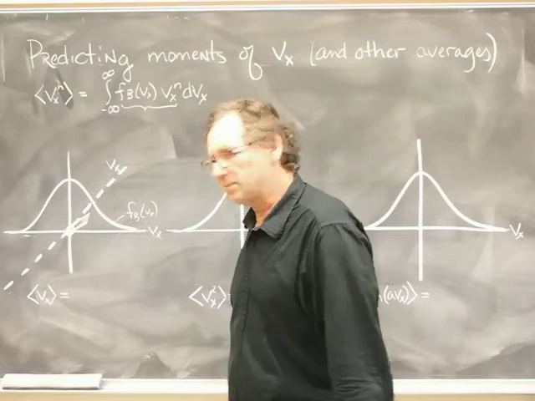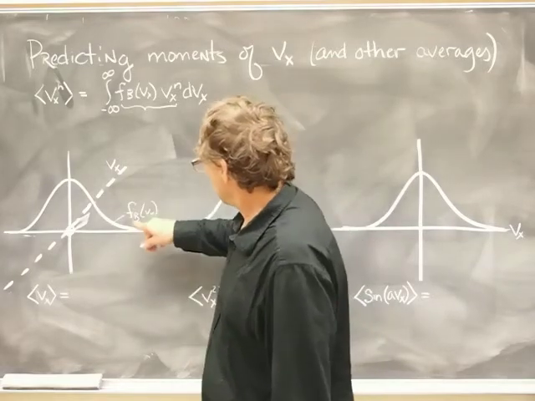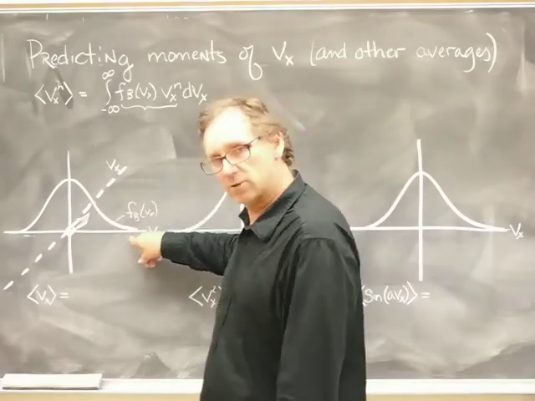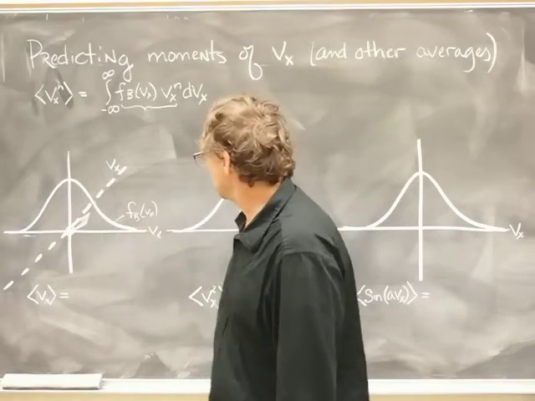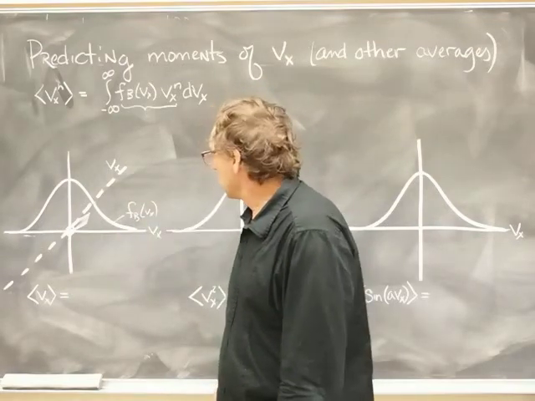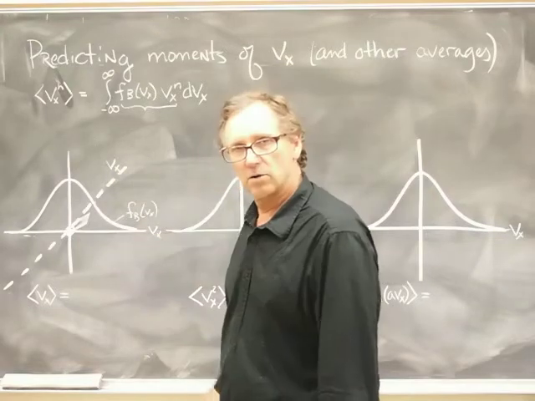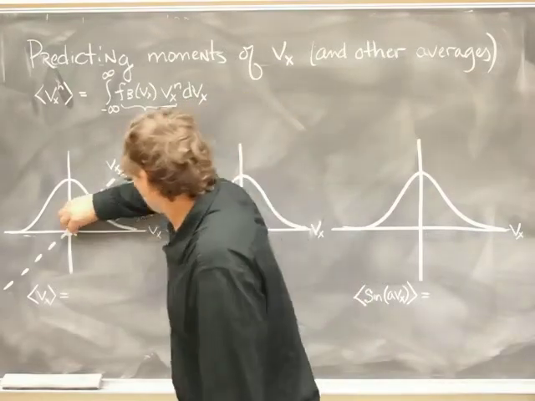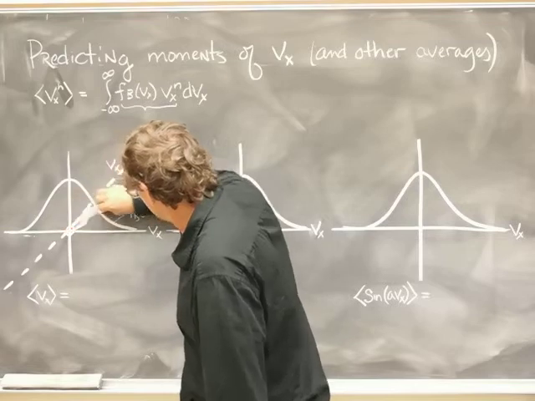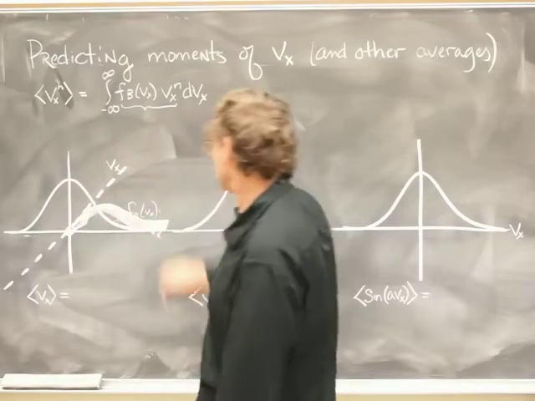What's the asymptotic behavior? I have a declining Gaussian function times a linearly increasing polynomial, in this case just v, and exponentials always kill polynomials. Therefore, that result has to go off to 0 on the right.